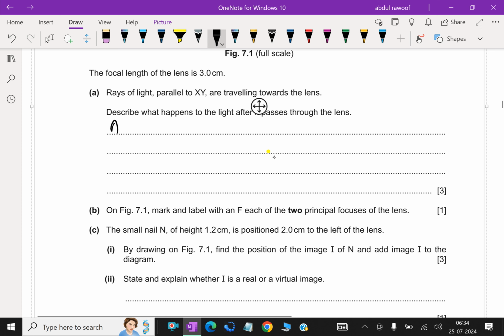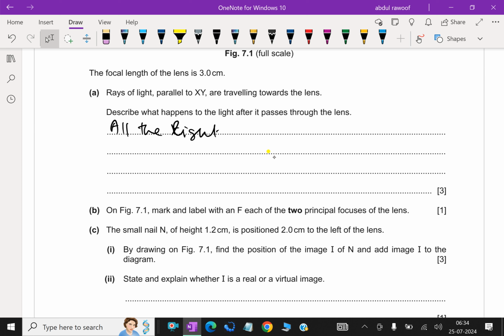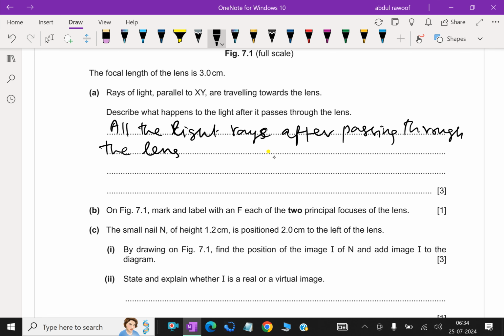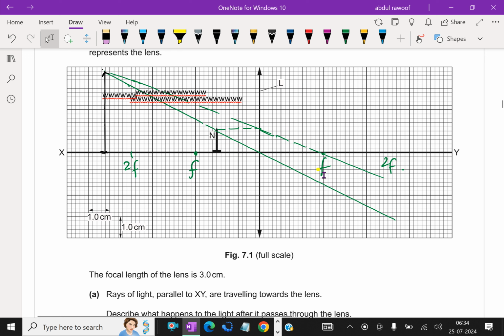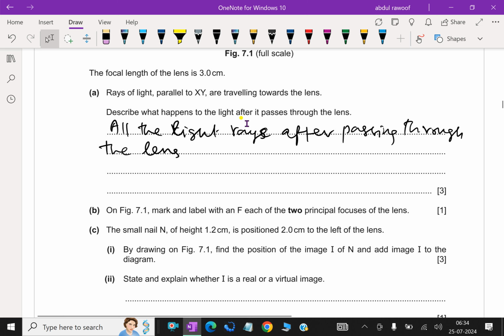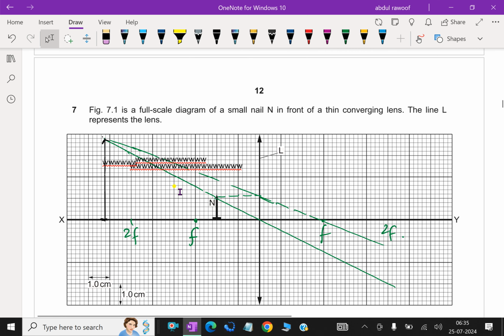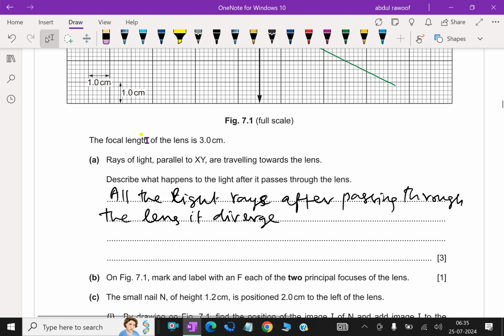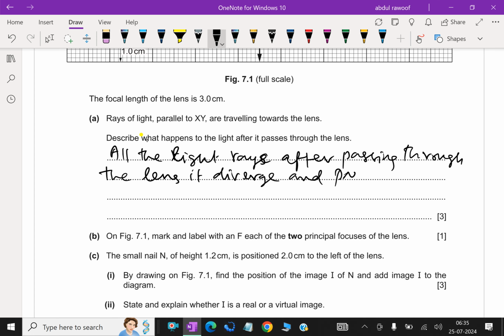All the light rays, after passing through the lens, converge and pass through the other focus point.